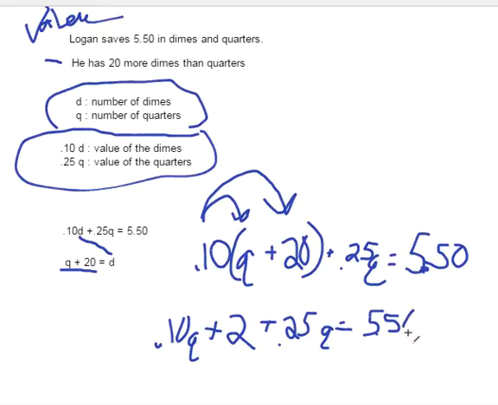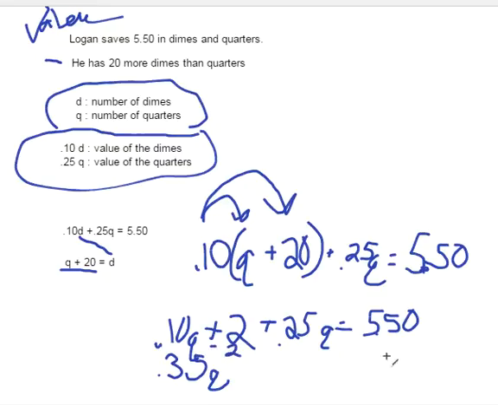Alright, our goal is to only have Q's over on the left, and so next we're going to combine the Q's we have. We have 0.10Q and 0.25Q. If you combine those, you get 0.35Q. Plus 2, but instead of writing that, I'm actually going to go ahead and move this.